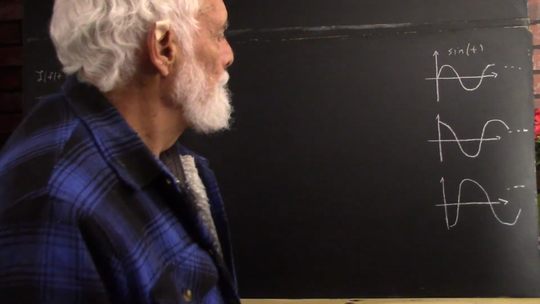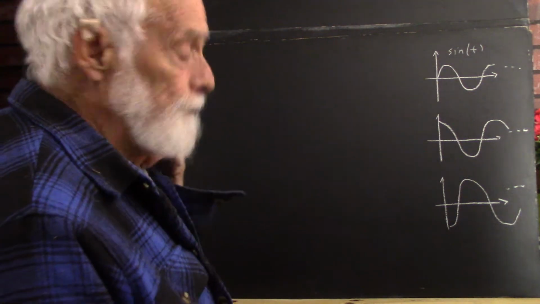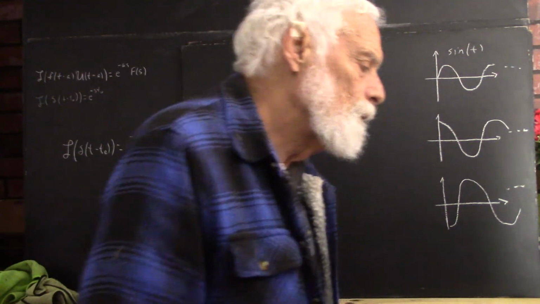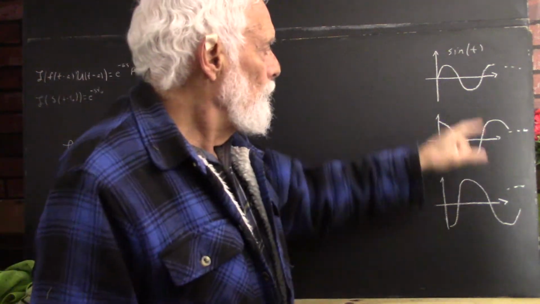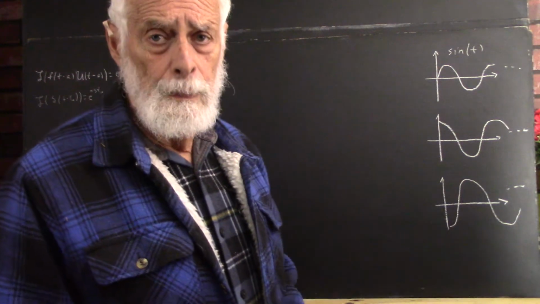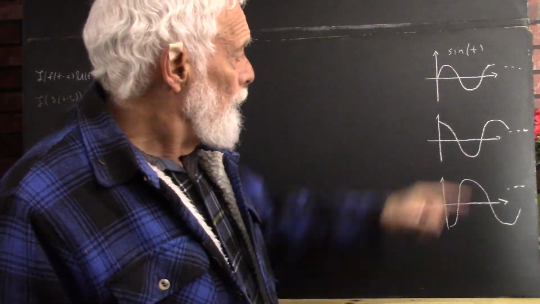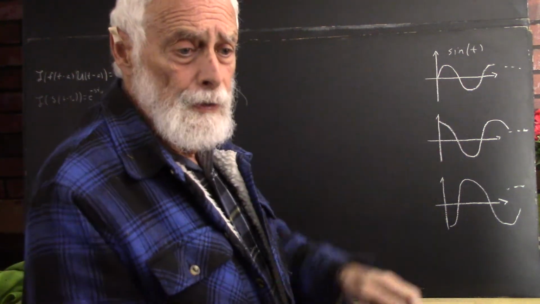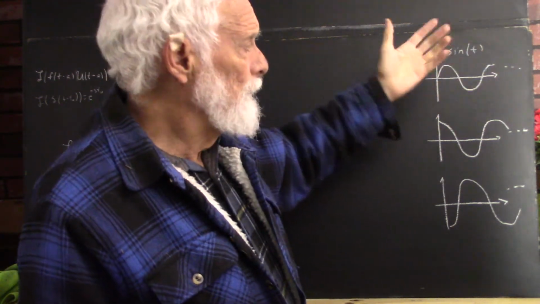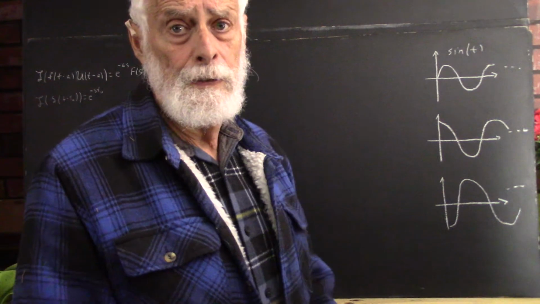Okay, if on this sine curve we wait till we're here and deliver a strong positive impulse, that's going to speed the thing up. Now, of course, the speed is represented by how steep the graph is.